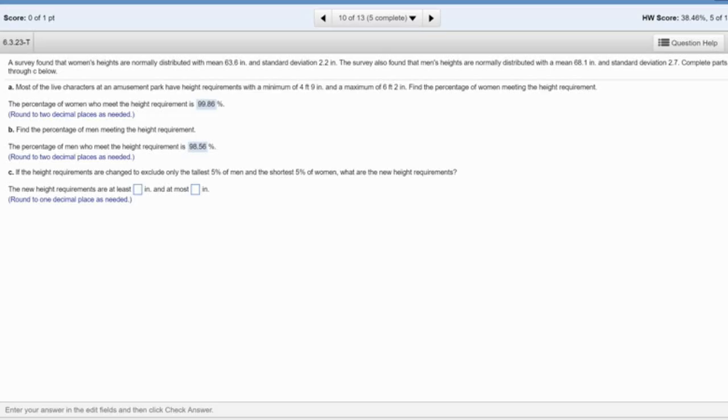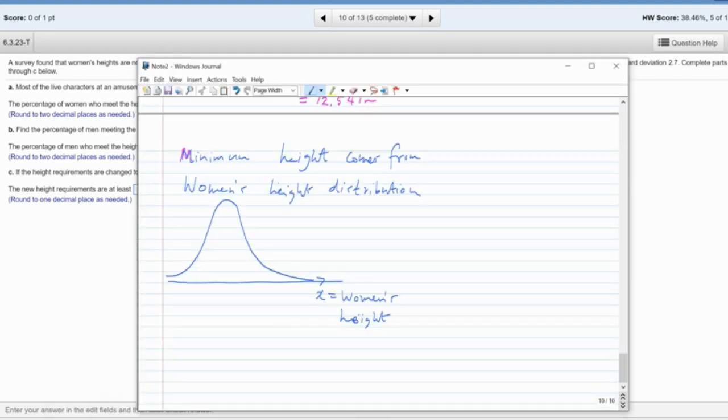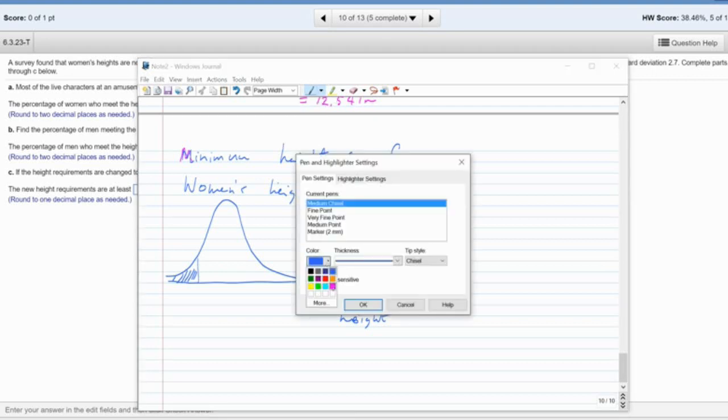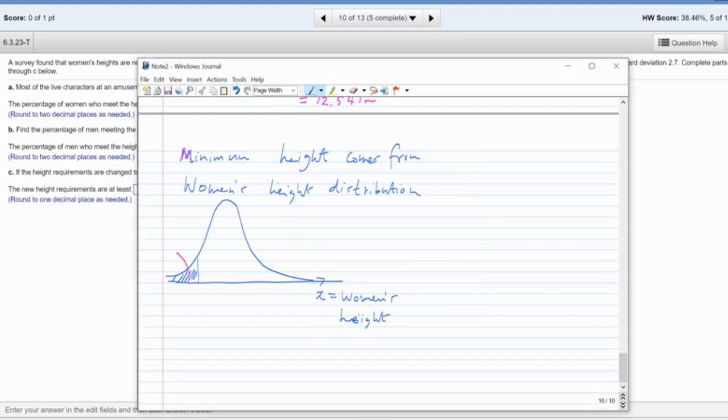It says the shortest 5%. Where's the shortest 5%? The shortest 5% is right here. So this area is 5%, 0.05. We have to find this X value, which is the minimum height requirement.